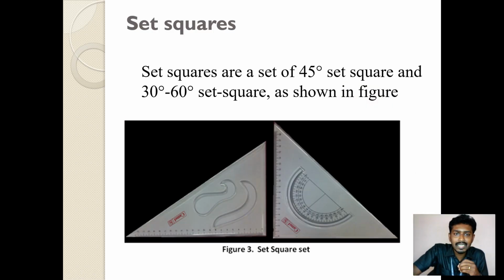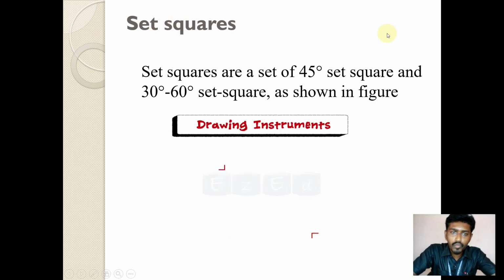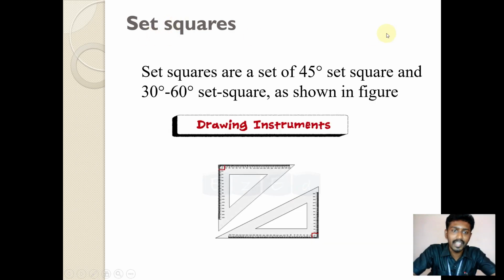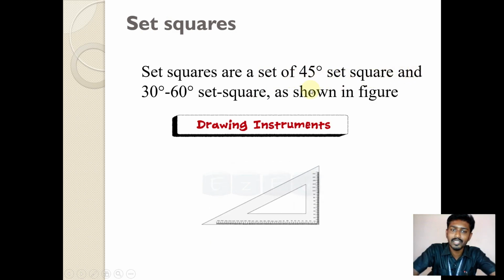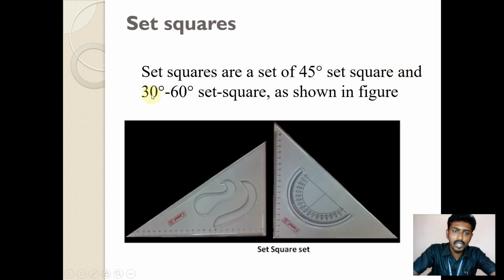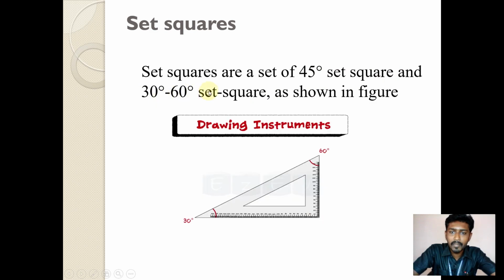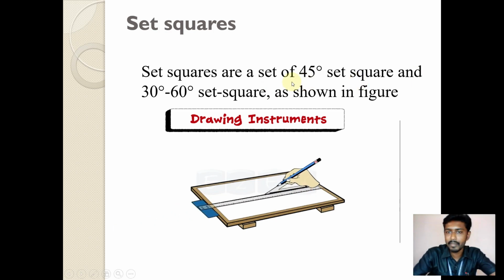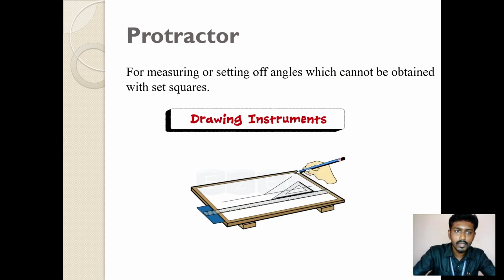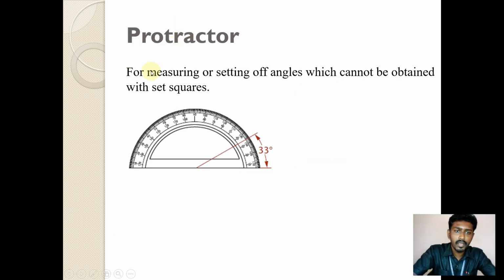Then set square. There are two forms of set square generally used. One is the 45 degree 90 degree set square and another one is the 30 degree 60 degree 90 degree set square. And with the help of scale and set square the inclined line also can be drawn. Protractor.